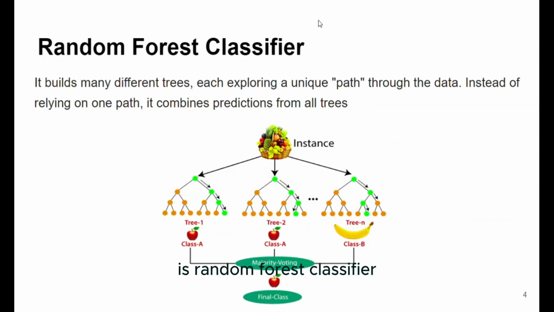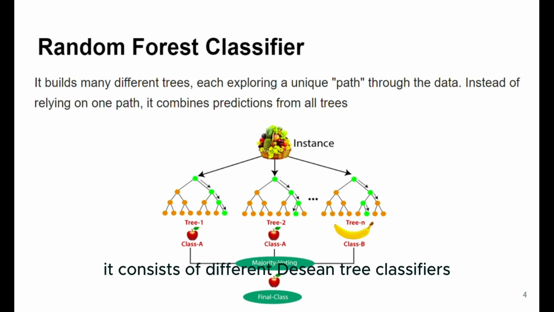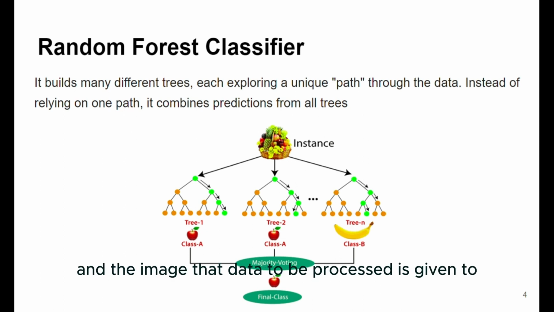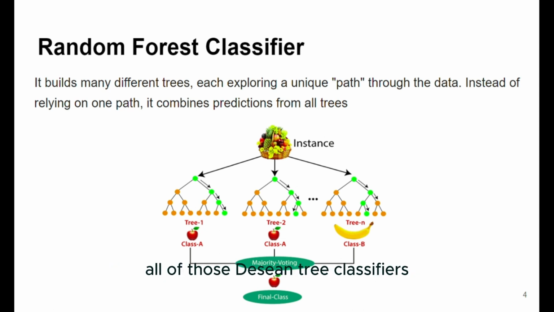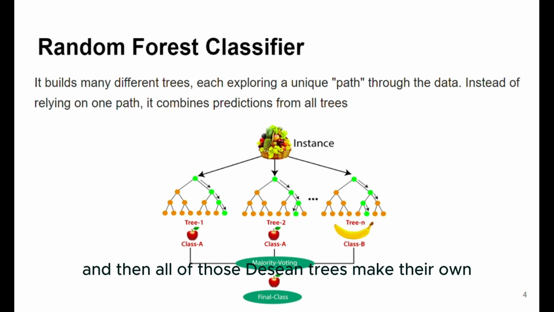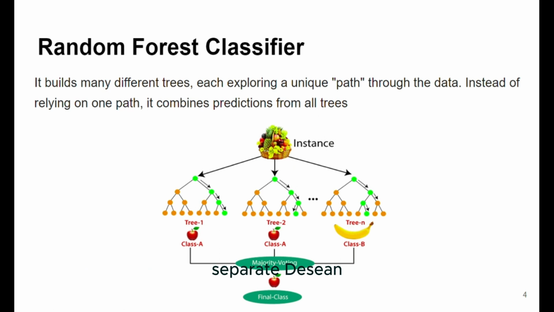The next is the random forest classifier. A random forest classifier is a cluster of decision tree classifiers. The data to be processed is given to all of those decision tree classifiers, and each of those decision trees makes its own separate decision.